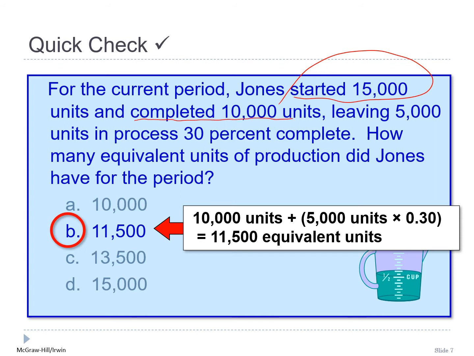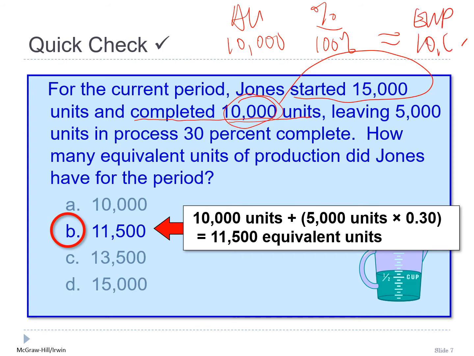For that particular department, 10,000 ang na-complete natin. So, ibig sabihin, itong 10,000 na to, 100% complete. Kaya ang EUP niyan is actual units, 10,000. Ang percentage of completion is 100%. Bakit 100%? Kasi complete na siya eh. So, para maging complete, kailangan 100%. So, ibig sabihin, ang EUP niyan is 10,000 din.